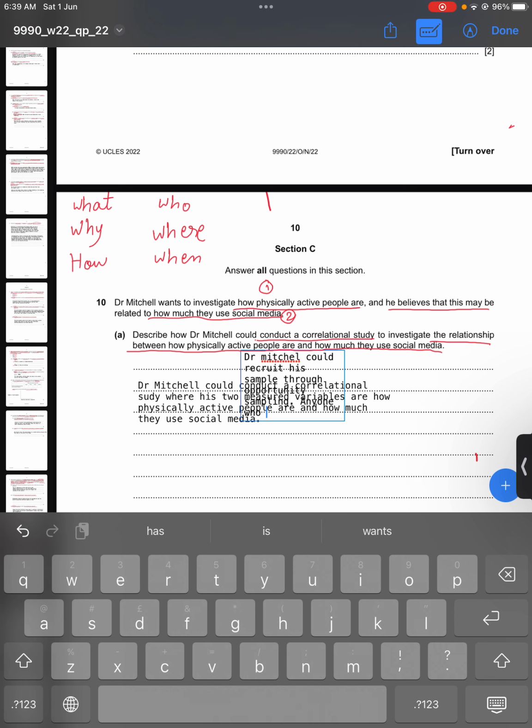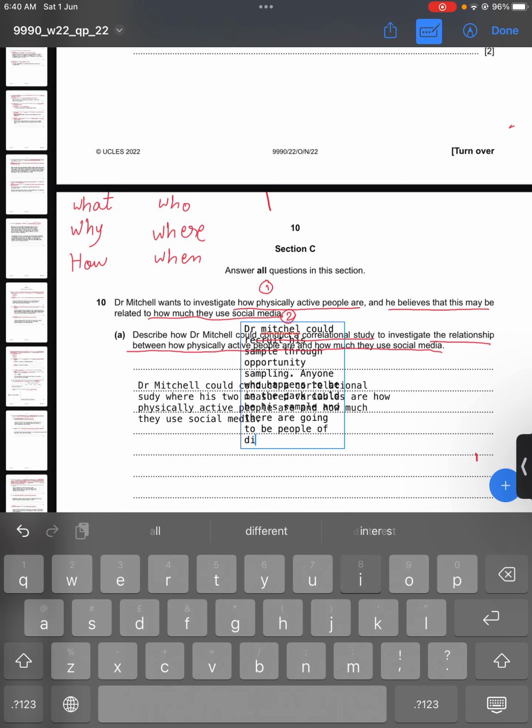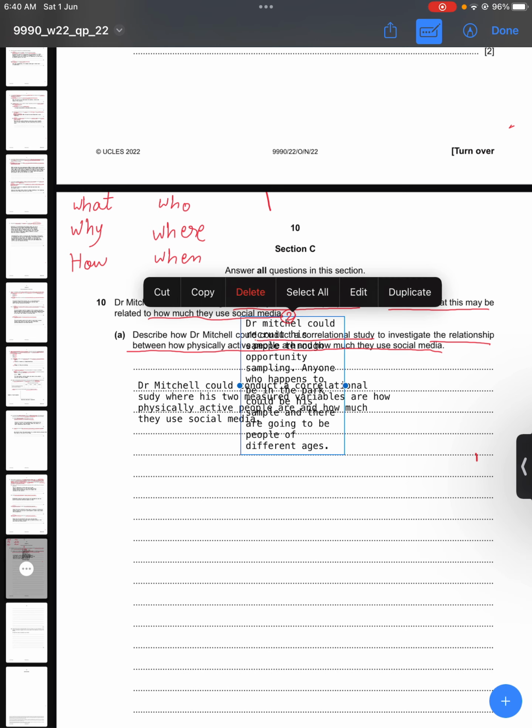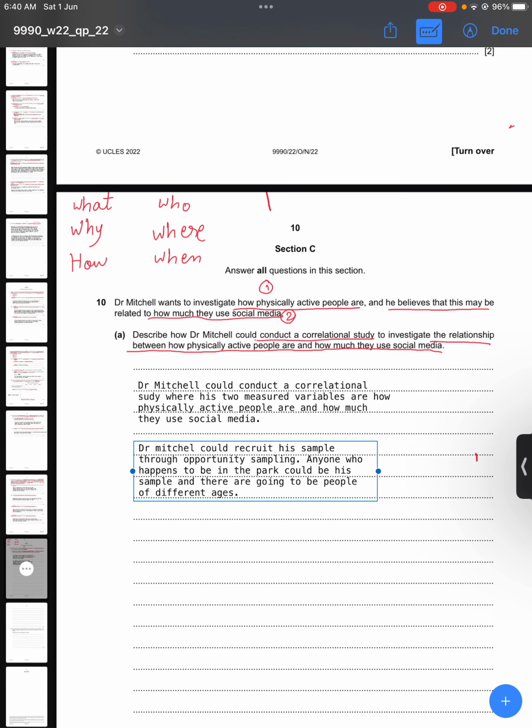Anyone who happens to be in the park could be his sample, and there are going to be people of different ages, because obviously in a park a child is also going to be there and adults are also going to be there.